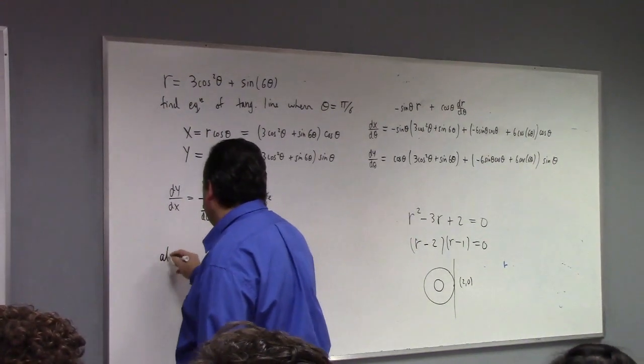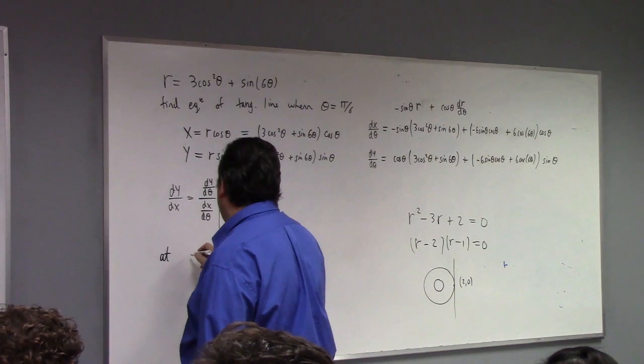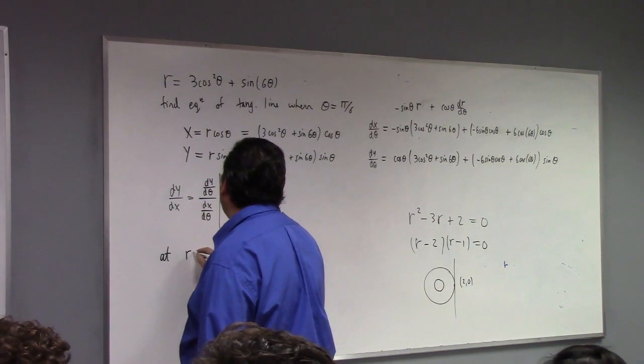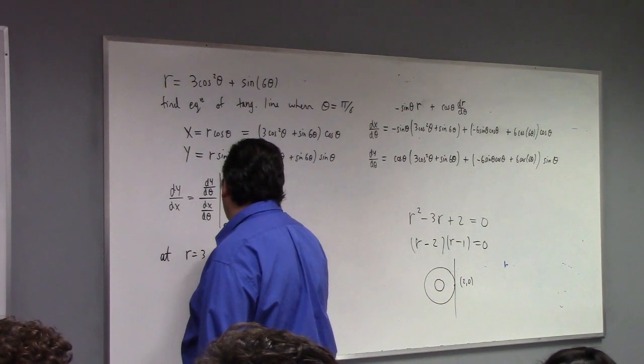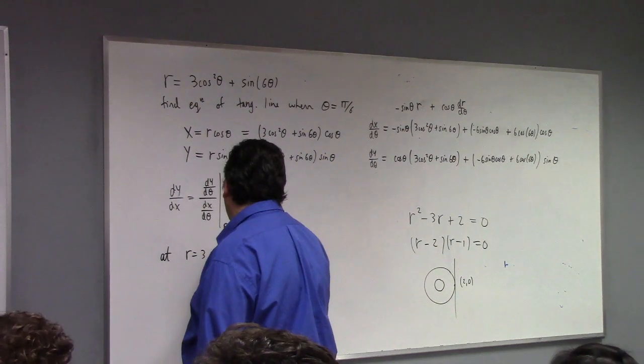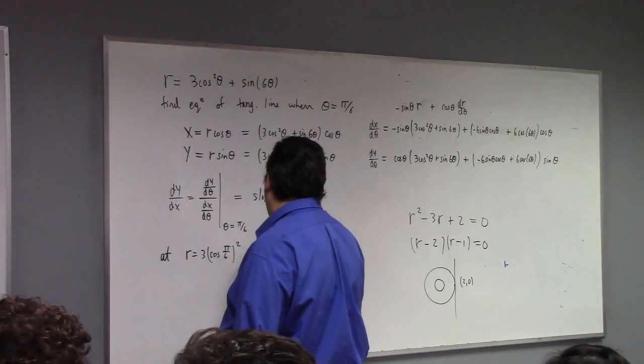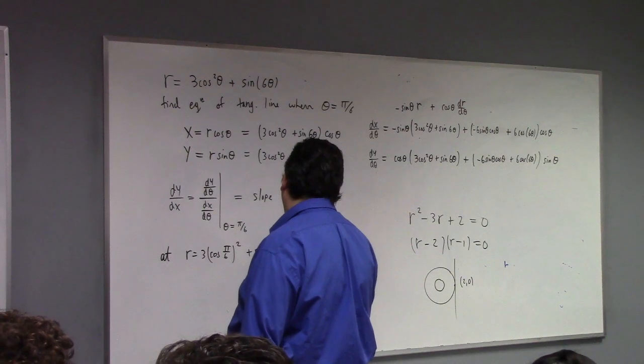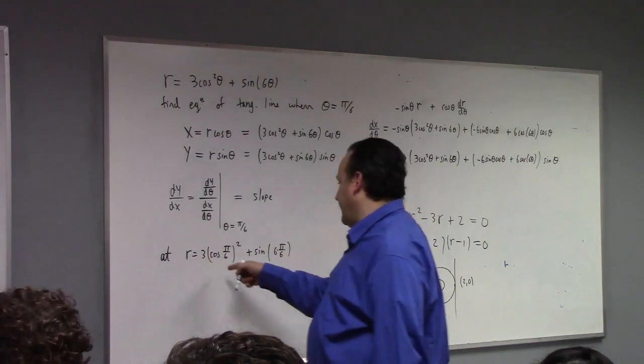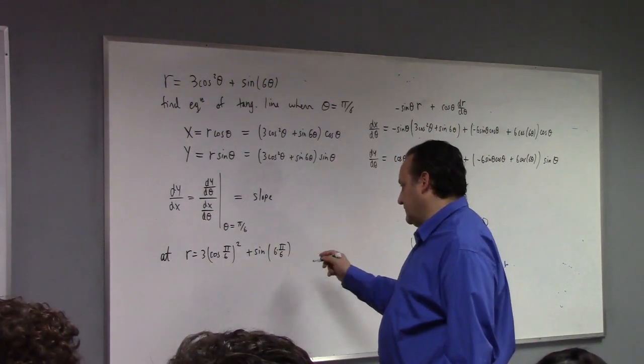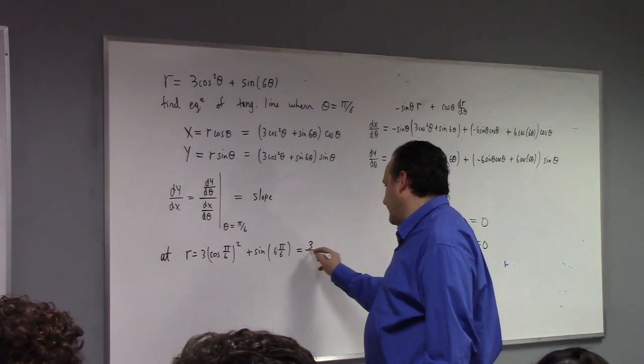Now where it's at: r equals 3 cosine squared of pi over 6. What's cosine of pi over 6? It's root 3 over 2, so cosine squared is 3/4 and r equals 3/4.